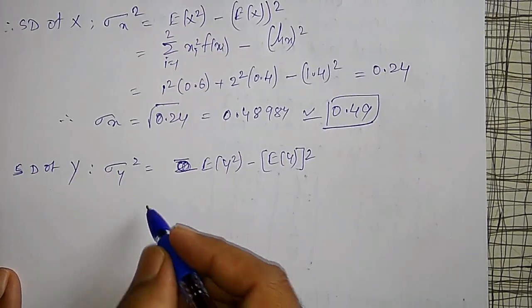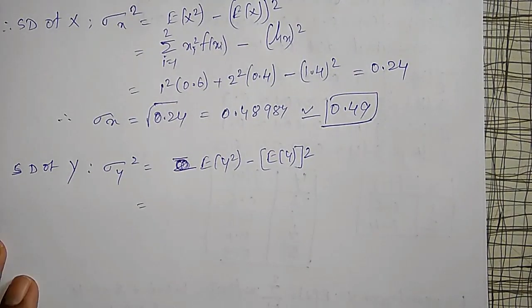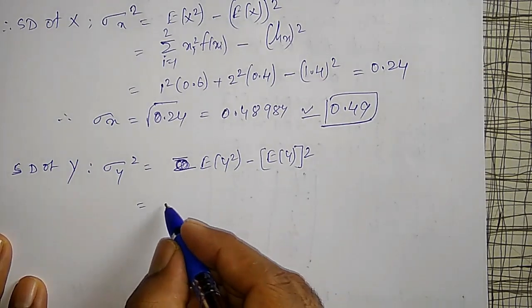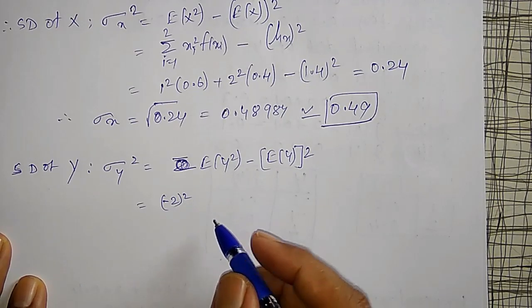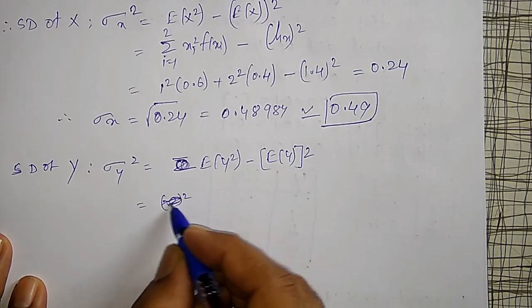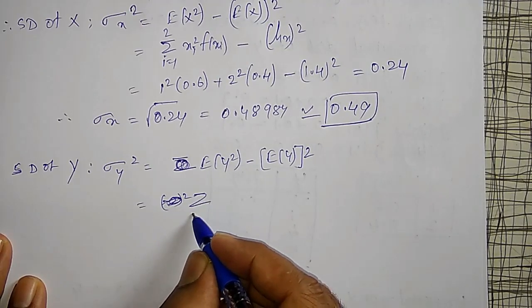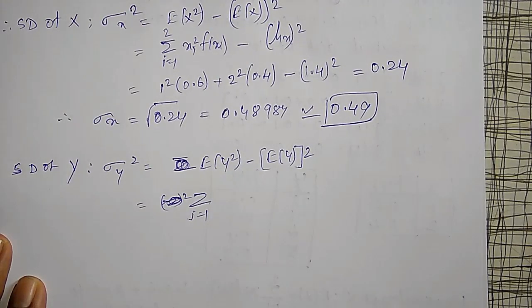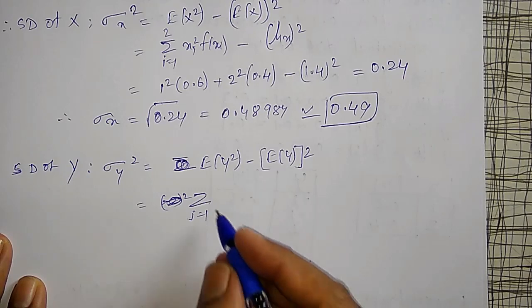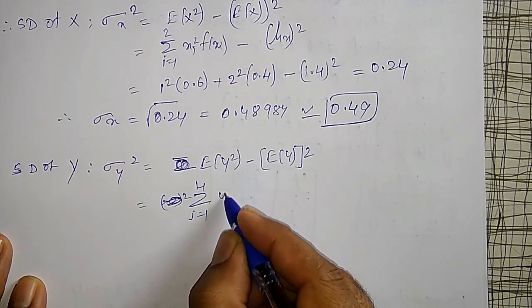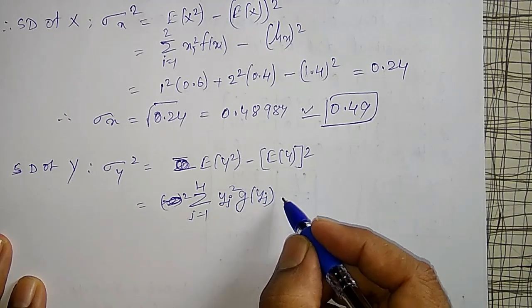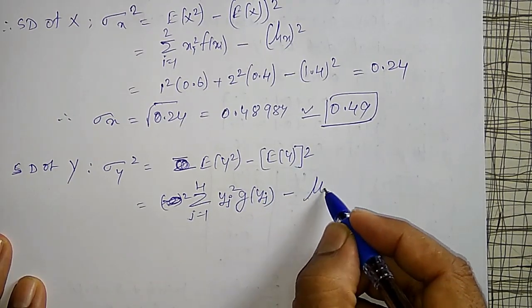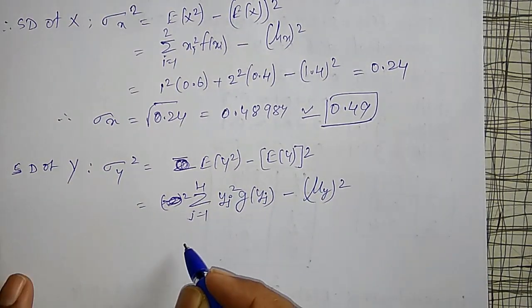I have to find out expectation of y square, which is nothing but summation j equal to 1 to 4 of yj square into g of yj, minus mu y the whole square.